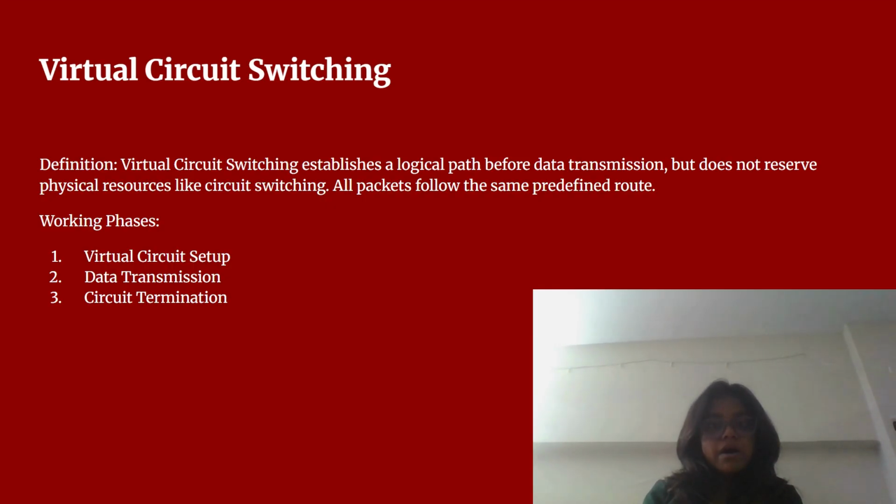Because they travel on the same path, they arrive in order. When the file transfer is complete, the virtual path is removed and the network resources are free. This is virtual circuit packet switching. A logical path is set first, packets follow it, and then the path is released.